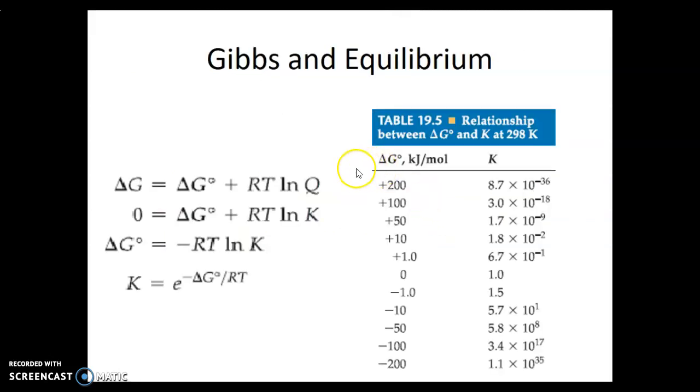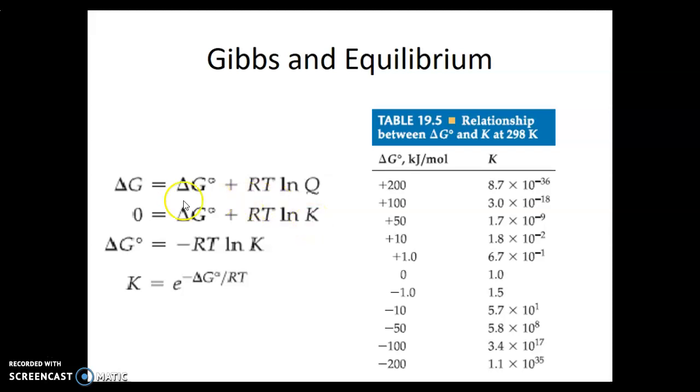If you're at equilibrium, the delta G would be 0 because there's no advantage to going forward or reverse. And so at equilibrium, delta G equals 0, and the Q turns into K. So delta G standard plus RT times the natural log of K equals 0.